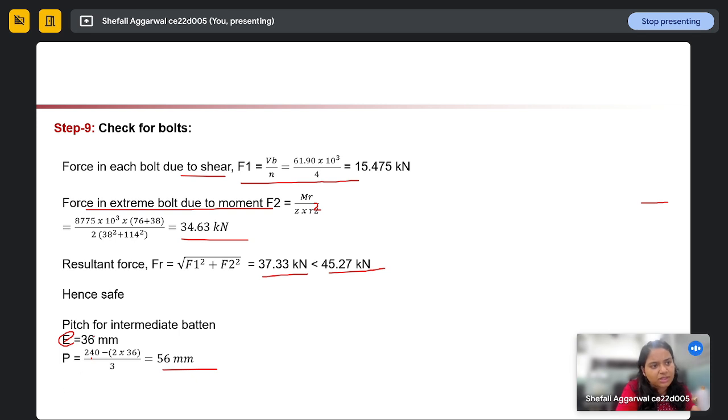Here also I think it would be 35 only, because we calculated 30 and we are assuming it as 35 for both. So whatever we took in step 6, we can continue with the same values in steps 8 and 9, right? Whatever we calculate, we actually take a value a little bit higher than that to keep it on the safe side.